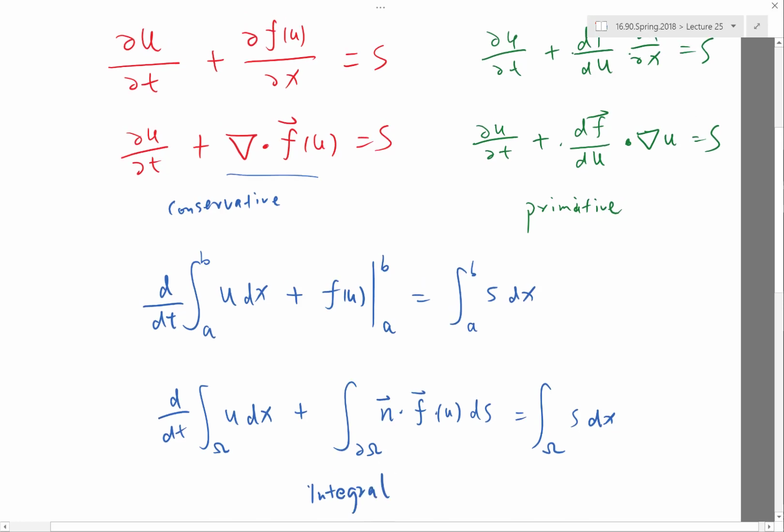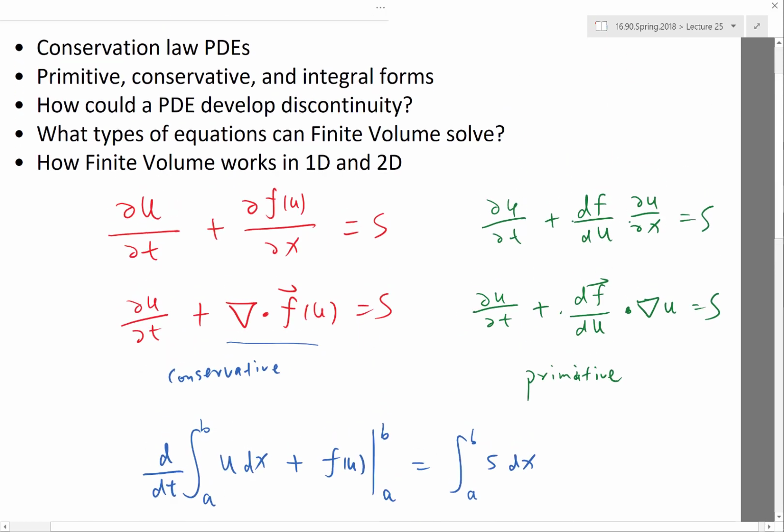The integral form is the form that leads to the finite volume method. The finite volume method forgets about the conservative form, it forgets about the primitive form, it only uses the integral form. So basically you need to understand how finite volume schemes work.